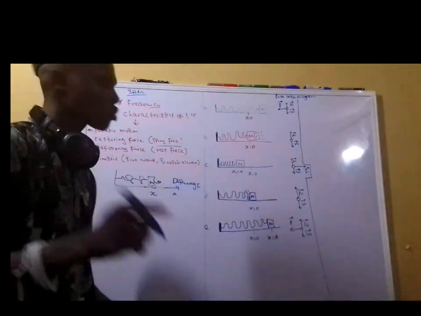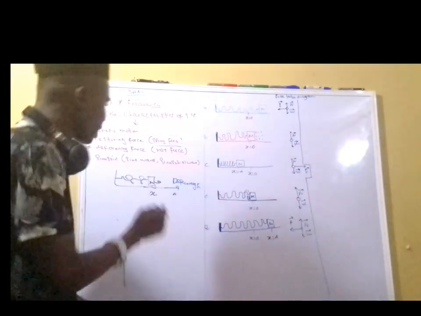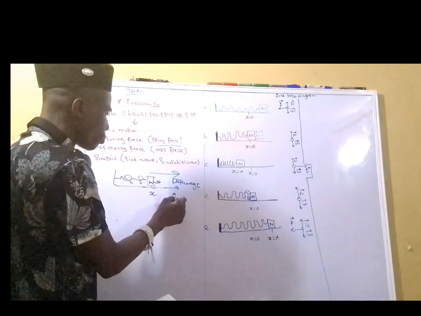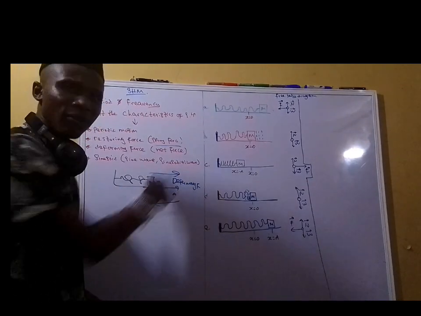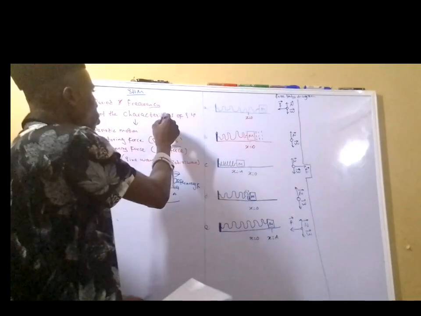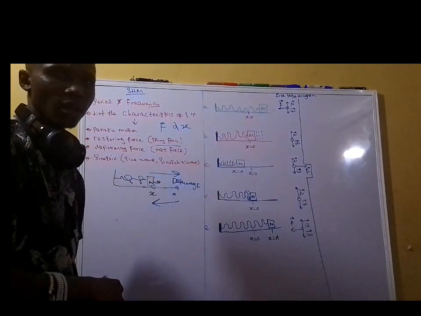And if you guys are to look at something, you see that they are actually acting in two different ways. That is the force applied to move it like this, and the force applied to bring it back to here. You can see that they are acting in inverse to each other. That is why Hooke's law says that the force is directly proportional to the distance. Are you with me?